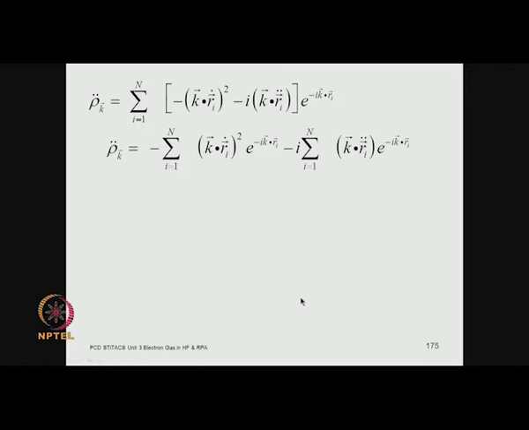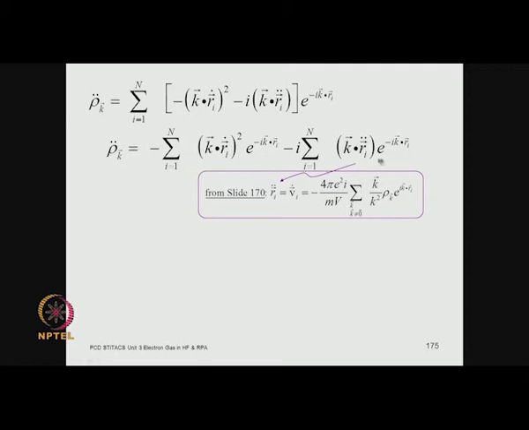Now it is a very interesting kind of situation now, because look at these terms. Do you recognize some familiar terms in this? If you look at this r_i double dot, we already have this result, and this was expressed in terms of the acceleration of the ith particle, which we obtained just a little while ago.